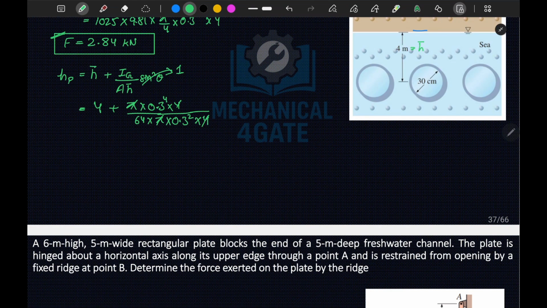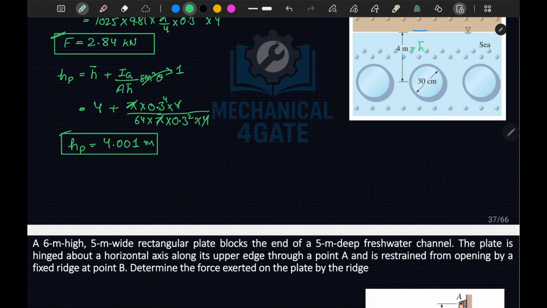So 4 plus 0.3 square divided by 64, so this becomes HP equal to 4.001 meter.